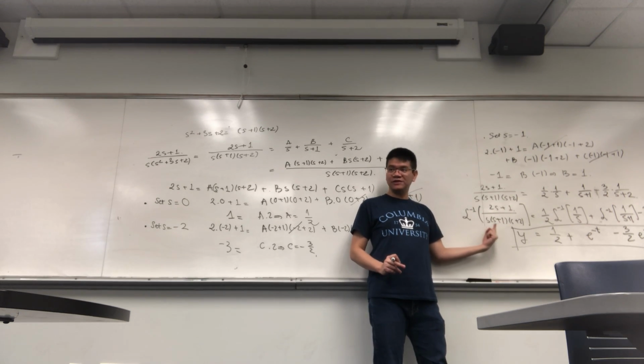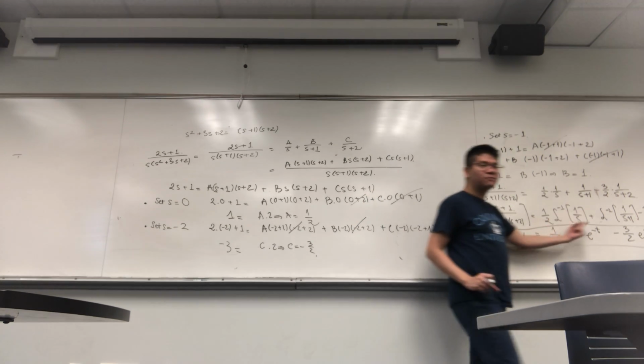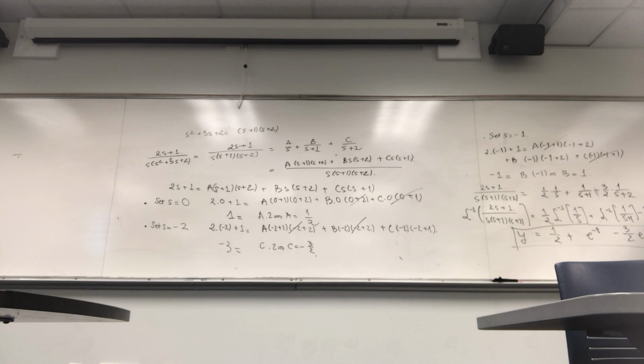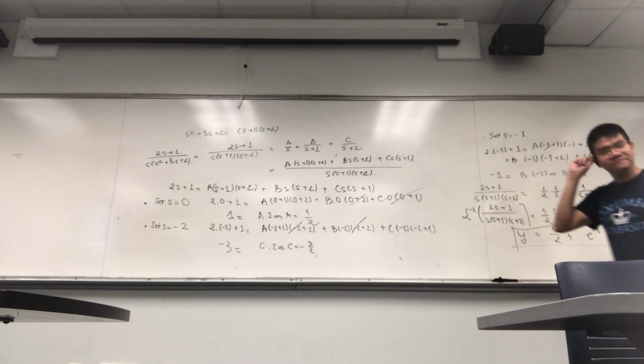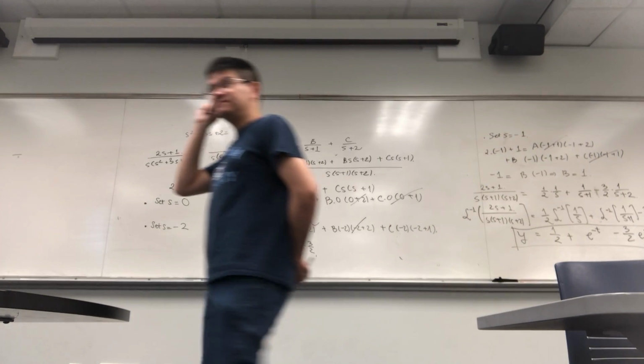So what I do is split it into the sum of terms, functions whose inverse Laplace transforms I know. So this is 1 over s, 1 over s plus 1, 1 over s plus 2. And when I do the inverse Laplace transform, I have 1, e to the power minus t, e to the power minus 2t. Questions? Is it clear?